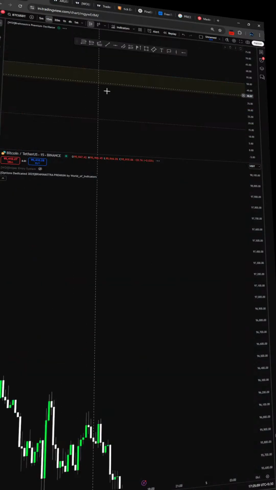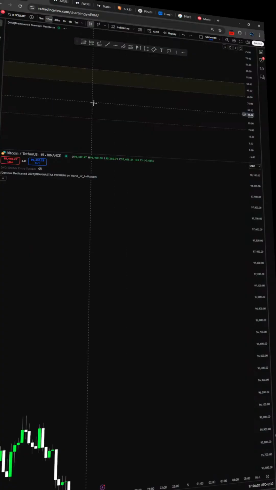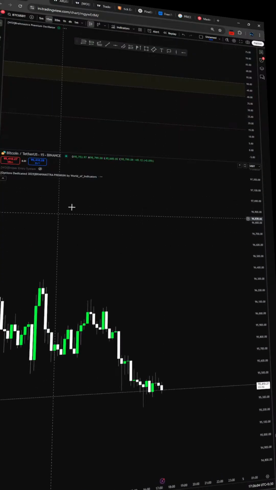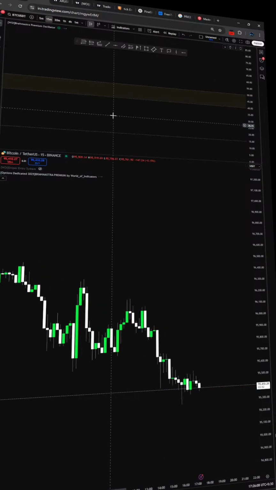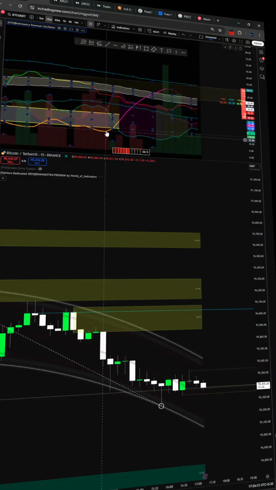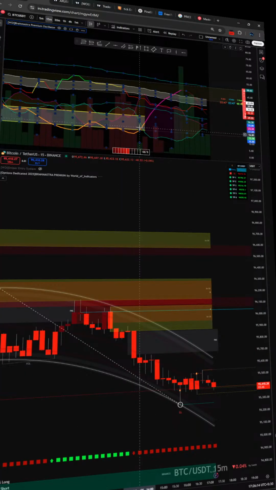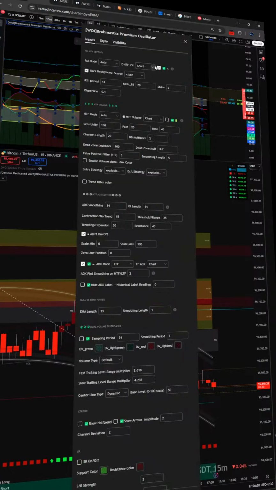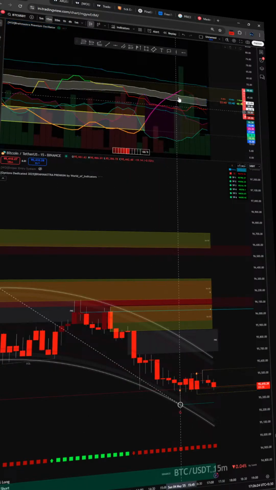If you are on 15-minute, you get it from the 5-minute chart. This way you will not miss any move. You can see here ADX is increasing, so a bearish move has started. Let me disable this to give you a clearer idea.